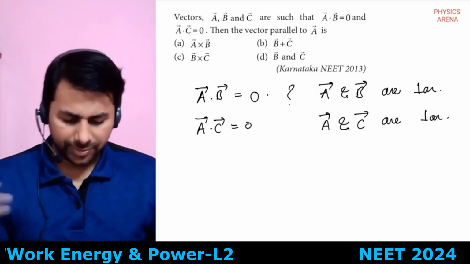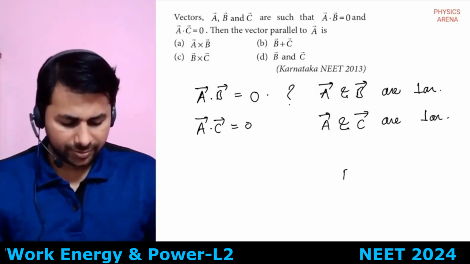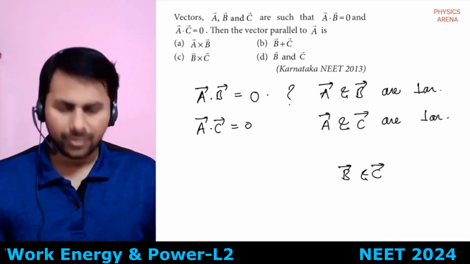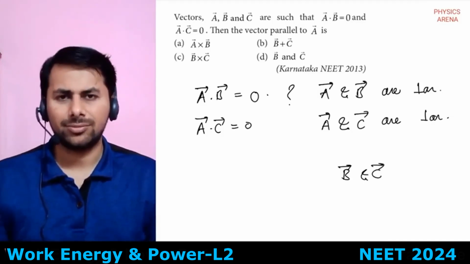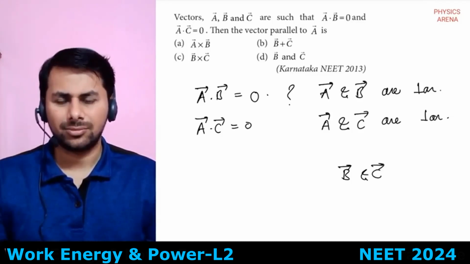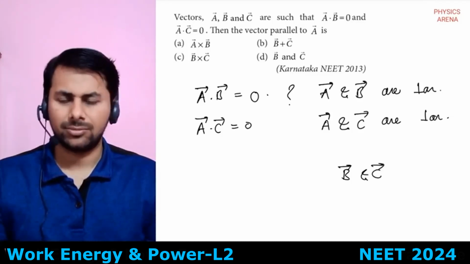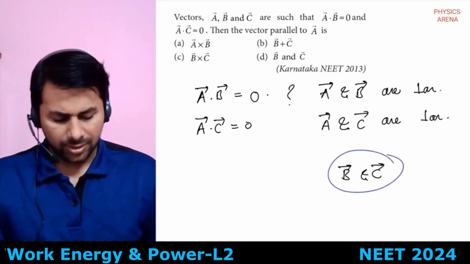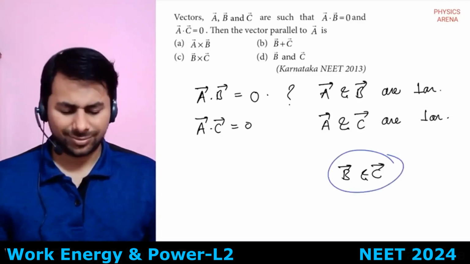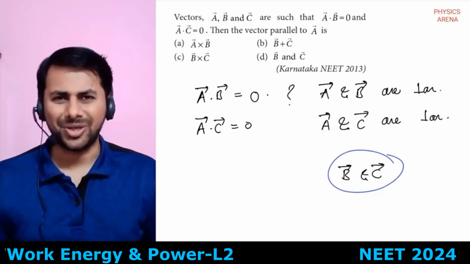Okay, let me ask you this thing. If you have two vectors, B bar and C bar, how will you find a vector which is perpendicular to these two? This is the definition of cross product.